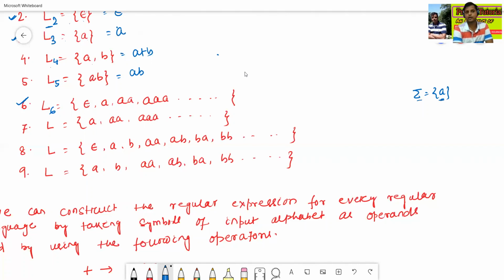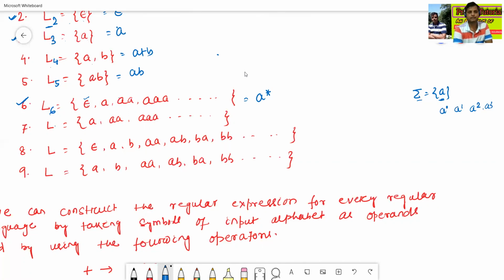So it contains epsilon, a to the power 0, a to the power 1, a to the power 2, and so on. It contains all combinations of a. So the regular expression of language 6 is a star.